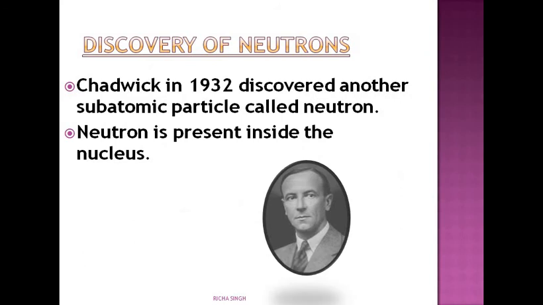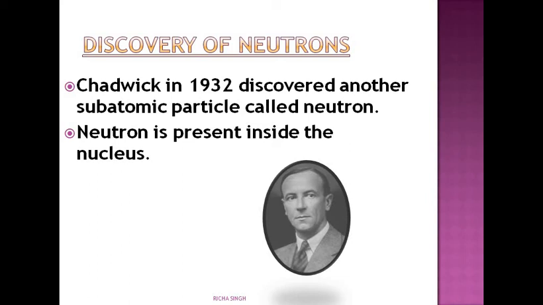Then up to 1932, it was supposed that the atom consists of only protons and electrons. Since the electron has negligible mass, the entire mass of the atom was due to the mass of the proton in the nucleus. But in 1932, James Chadwick discovered neutral particles, for which he was awarded the Nobel Prize in 1935.